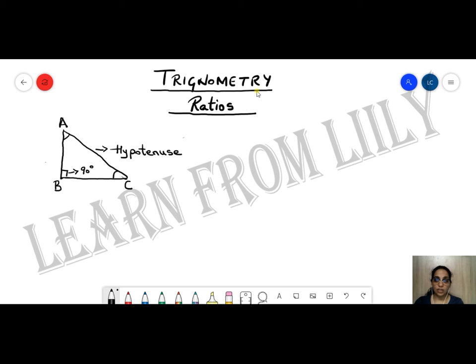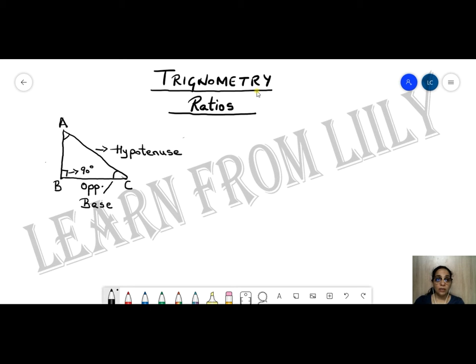Obviously the side which is exactly lying over here, I will call it the opposite side. Okay. Technically this side is also the base of the triangle, because it is at the bottom, it is forming the base of my triangle. Okay. So I will call it, for angle A, this will be my opposite side or the base.